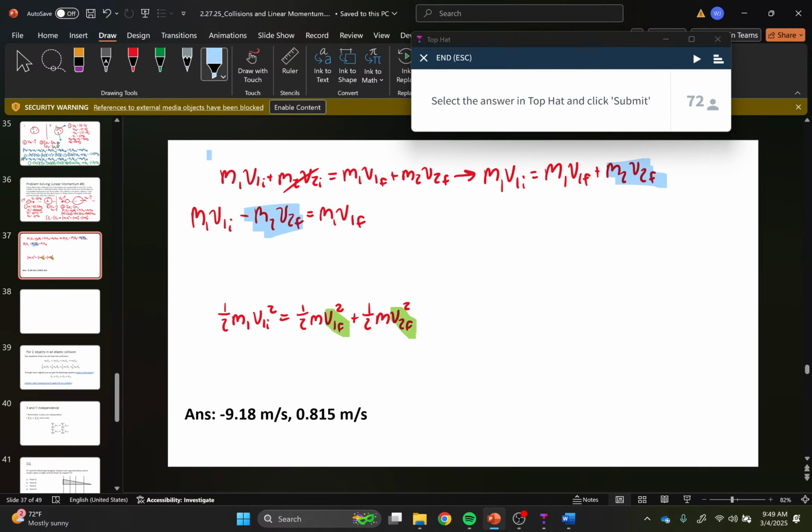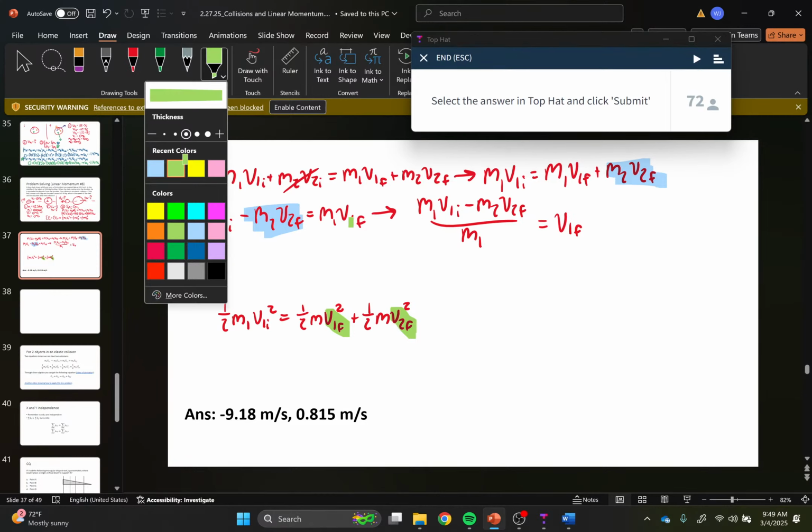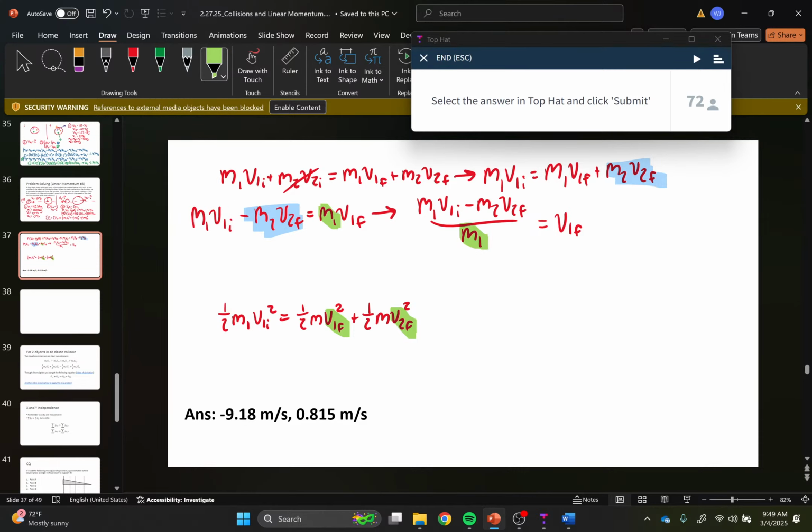Nothing crazy. Great. Now, M1 V1 initial minus M2 V2 final, divided by M1, equals V1 final. All I did here was take this mass and divide it to the other side.